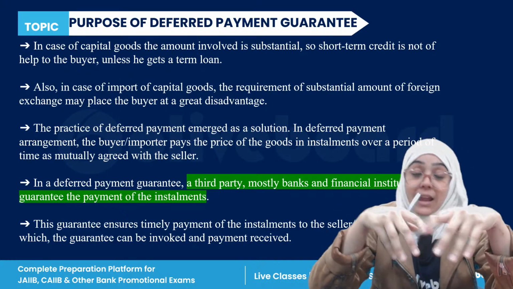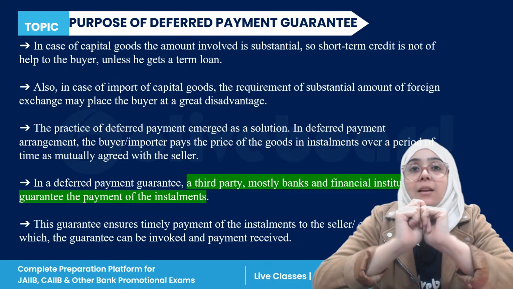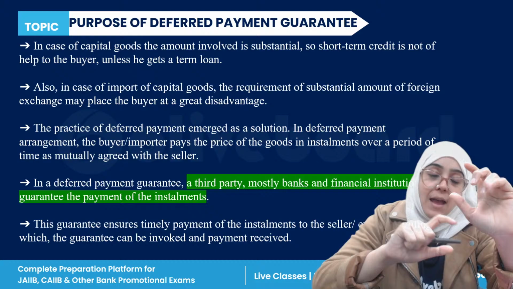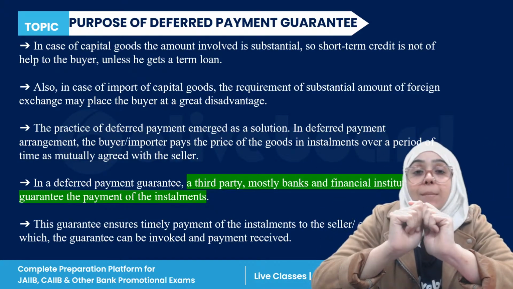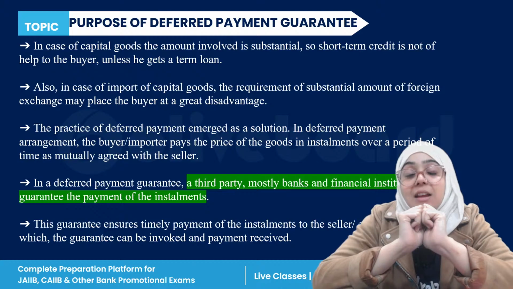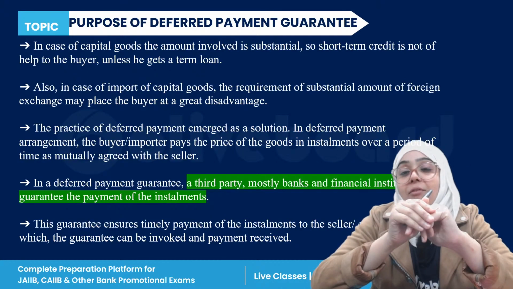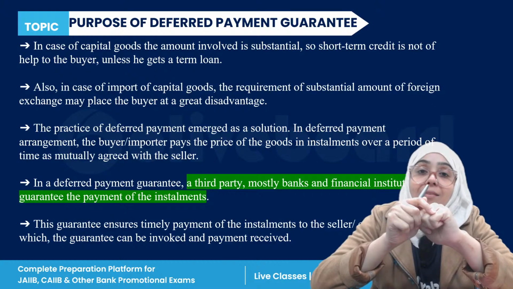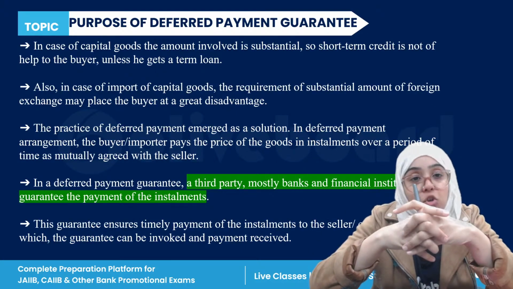When the exporter and importer agree that we will provide this machinery at this rate, spread over a period of time into fixed installments, it means the machinery cost is fixed irrespective of the foreign exchange. So the importer gets safety from the unnecessary financial burden that may arise if the currency depreciates.